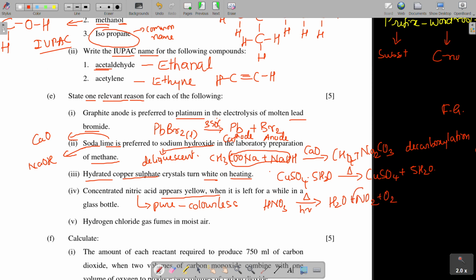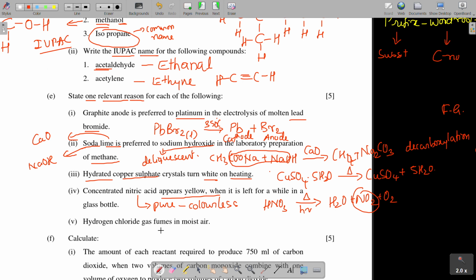This NO2, a reddish brown gas, will dissolve in the concentrated nitric acid, which turns it yellow. So the reason you can write is that this is due to the dissolution of NO2 gas in the concentrated nitric acid, which is formed by the decomposition of nitric acid when you leave it for a long time.